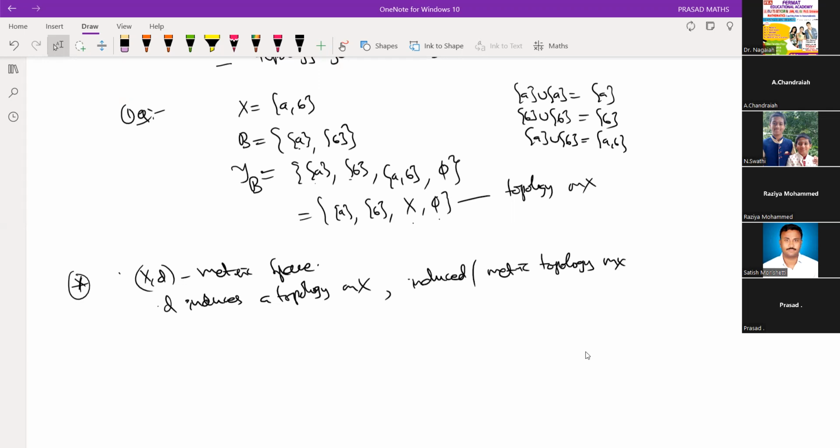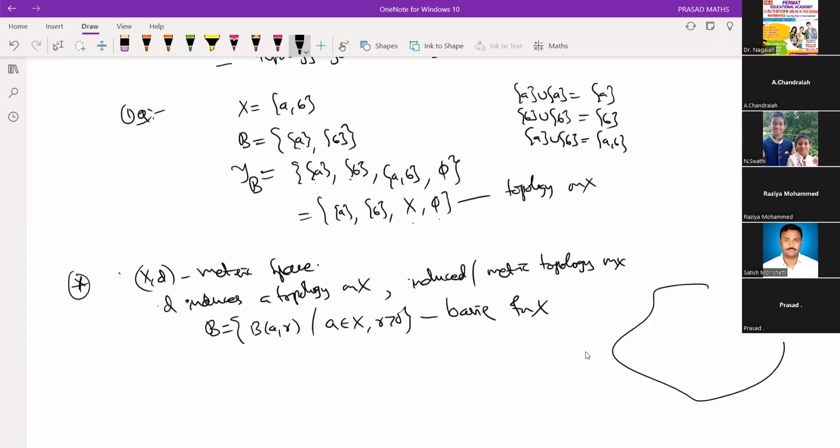Suppose my script B is a collection of open balls, open balls centered at a with radius r. It is actually an open base, a basis for the metric space X.